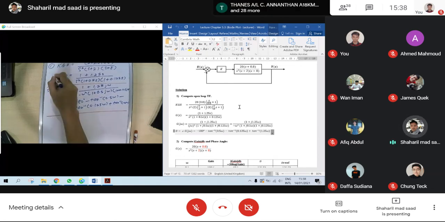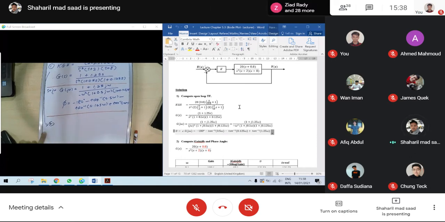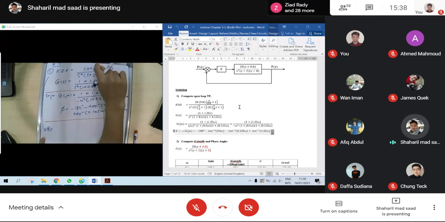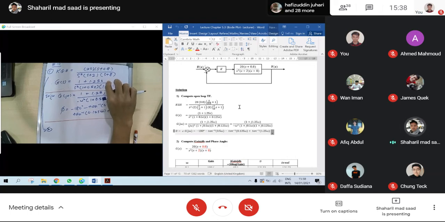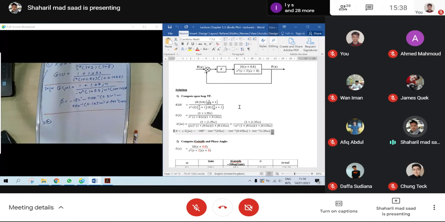So let's look, what can you do after this? Before this, we need to identify there are 4 asymptotes, but this is quite difficult to draw using the asymptote. So right now we apply what we have done in the Nyquist diagram before.